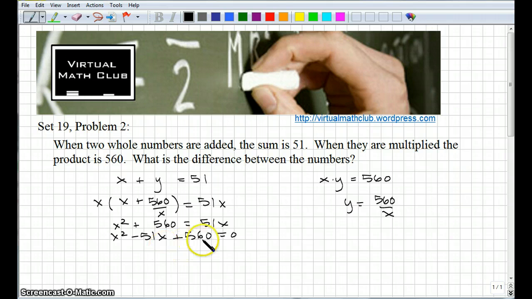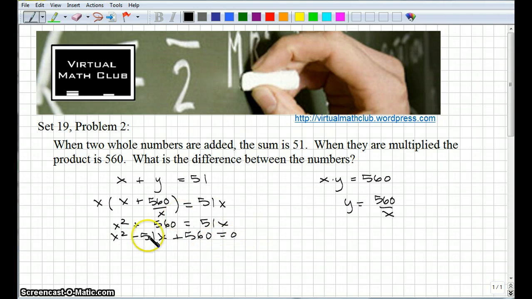Now, that's a quadratic equation, and if you know how to solve quadratic equations, one thing you could do is use the quadratic formula and plug it in and figure that out. But essentially you've got to solve this quadratic equation.